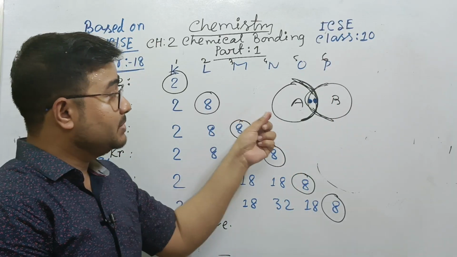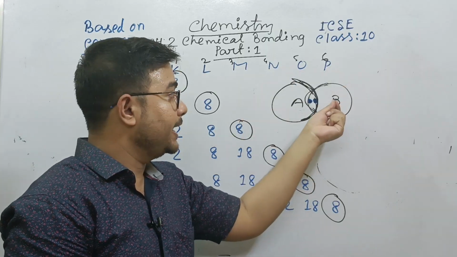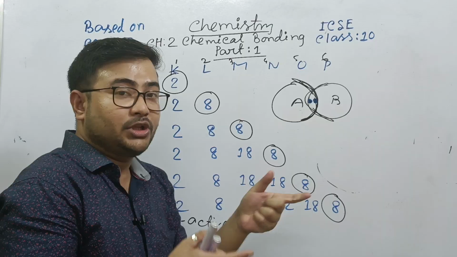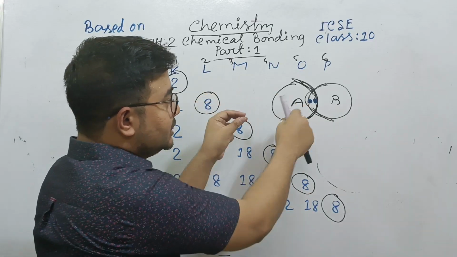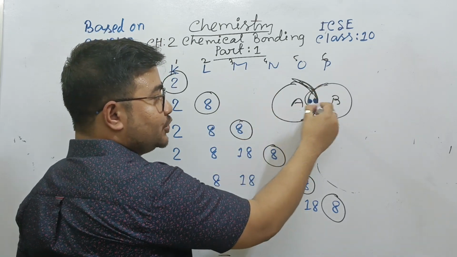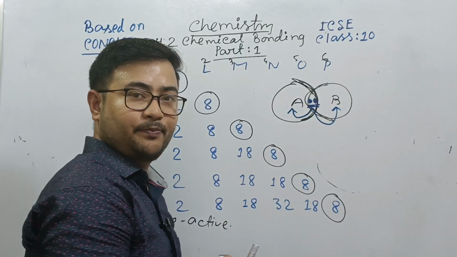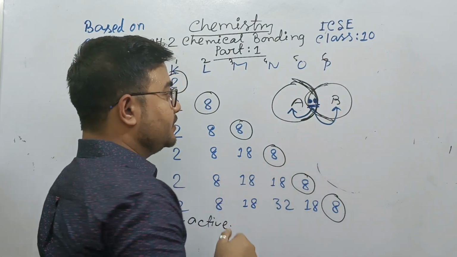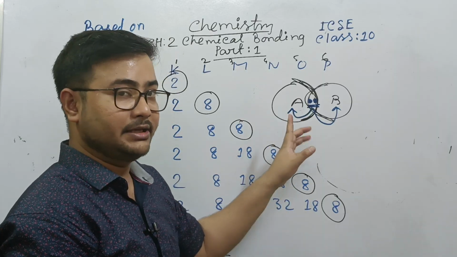So this means atom A does not lose and atom B does not accept. Both share. So there is a mutual space. In this space, both atoms share the electron in such a way that these 2 electrons are used by this atom also, and this atom also. Okay, this concept we have in this chapter in detail, so I will discuss it later properly.